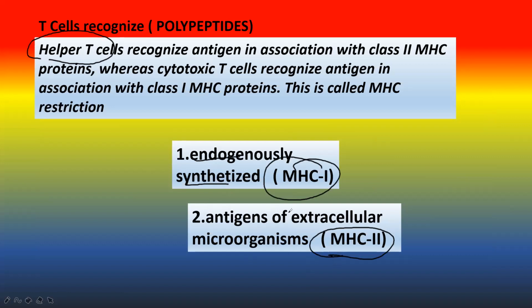What are the names of the cytotoxic T cells? These are CD8. What are the helper T cells? Helper T cell, CD4. Cytotoxic T cell, CD8. They receive antigen by MHC1. Helper T cell receives antigen by MHC2.